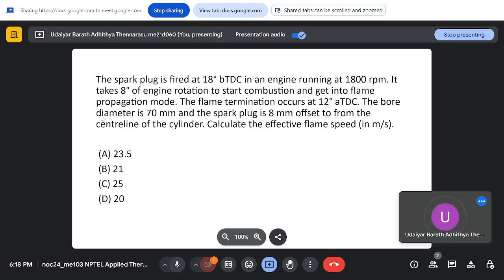So what is given is the spark plug at the top of the cylinder arrangement, and the crank is rotating.